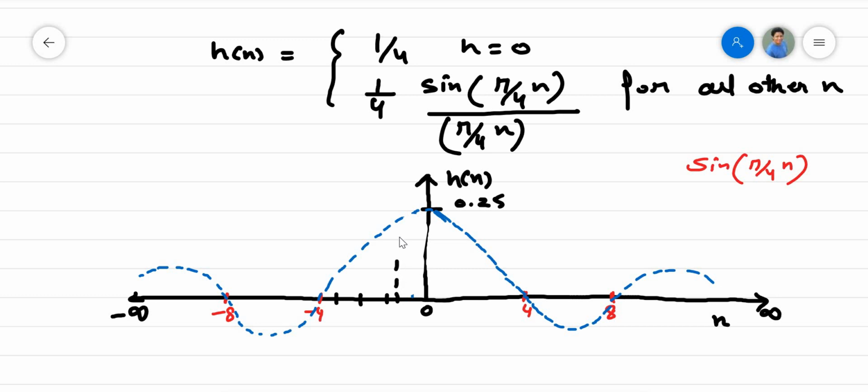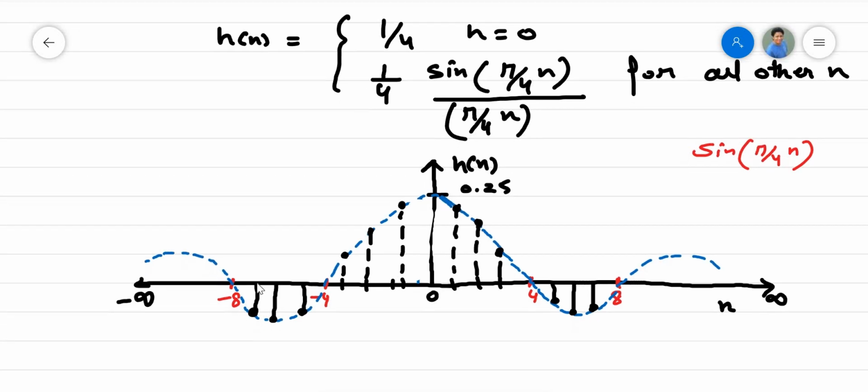So 1 is at this particular position, then 2, and then 3, and then 1, 2, and 3 on the other side. And in the same way 5, 6, 7, 5, 6, 7.